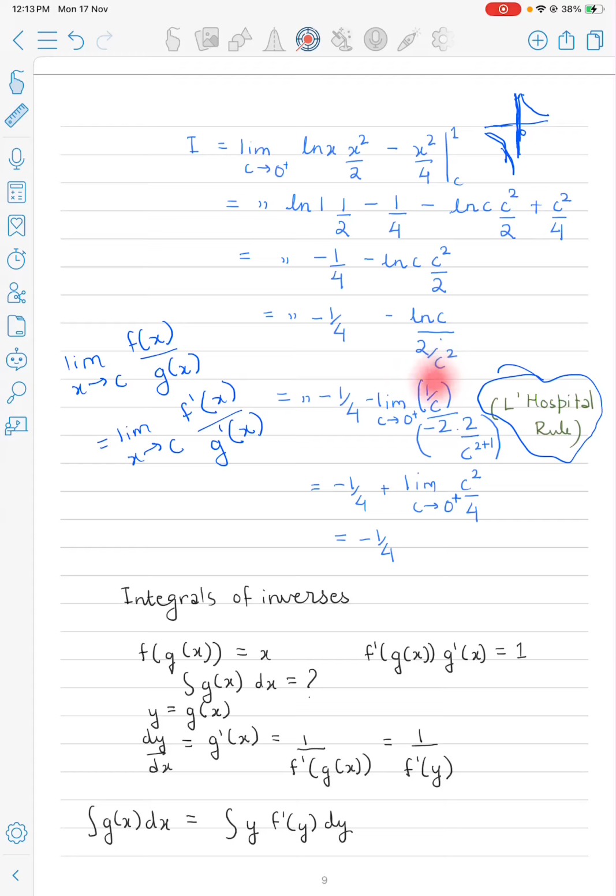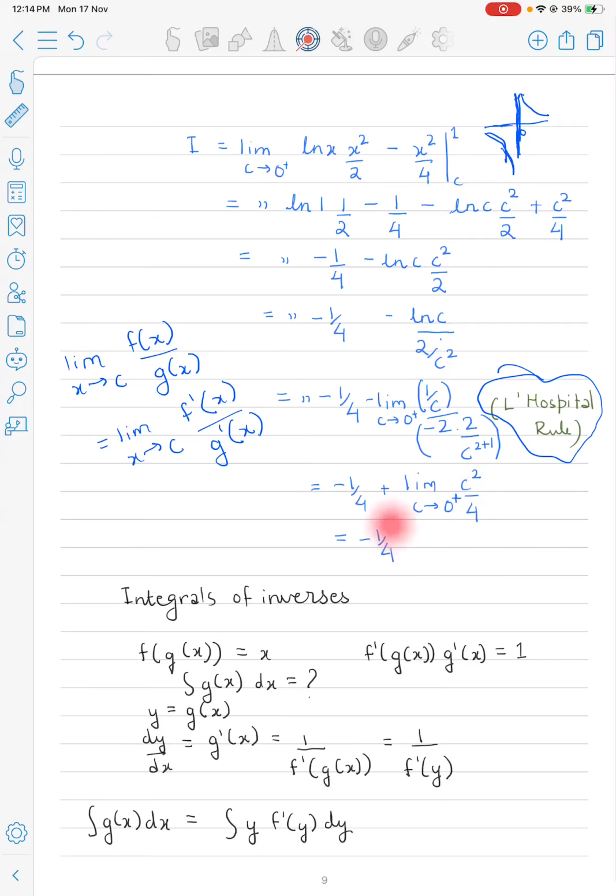Once you use this rule, you will get 1 by c, and this will be minus 4 by 3. You differentiated this, right? This will be 1 by c, and this will be minus 4 by c cube. Then you do the algebraic manipulation, you will get c square by 4, and you can take c to be 0.